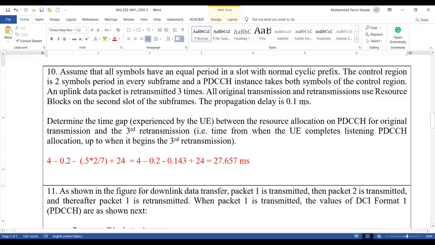So the propagation delay is 0.1 millisecond. So you also need to subtract 0.2 and this part. Then you get the time gap between when you begin your original transmission and when you complete listening to the PDCCH. Therefore you add 24. Questions?